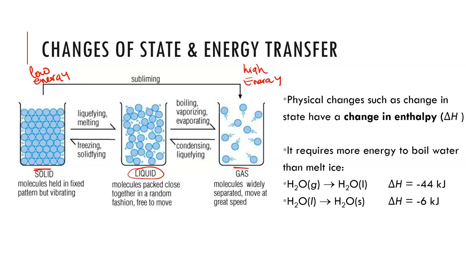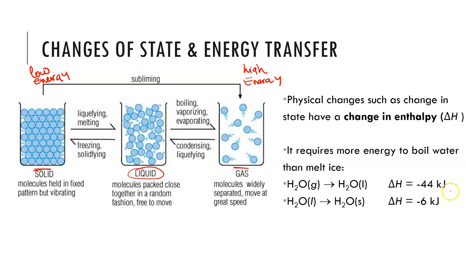And you'll remember from year 11 where we talked about latent heat of vaporization and latent heat of fusion, it took a lot more energy to go from a liquid to a gas, as we go to a much higher energy state. So the energy absorbed by the system to turn into a gas is much greater.